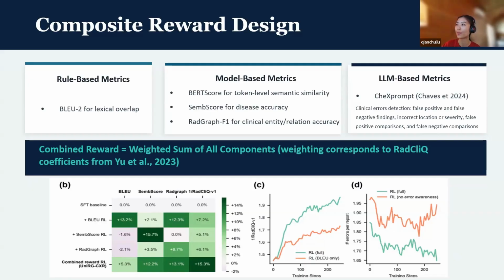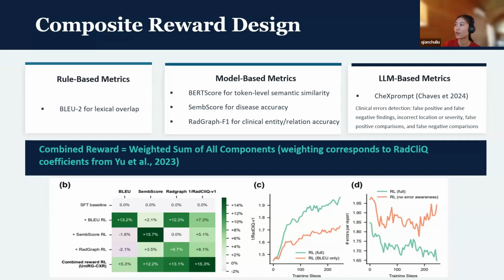And we compare the output against the ground truth, giving us an idea of the fine-grained clinical accuracy of those clinical details in the output. So that's the model-based metrics. And alongside, we also have this LLM-based metric, which is called CheXprompt.